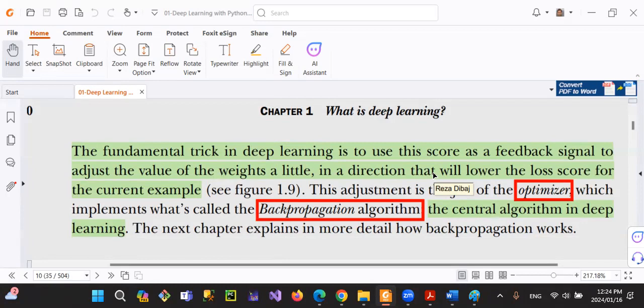Essentially, the process of backpropagation uses the output to update the weights of the input?